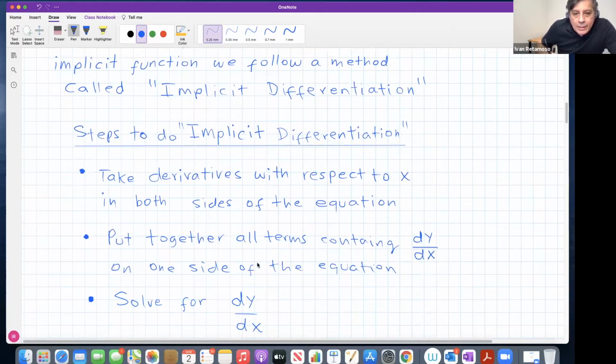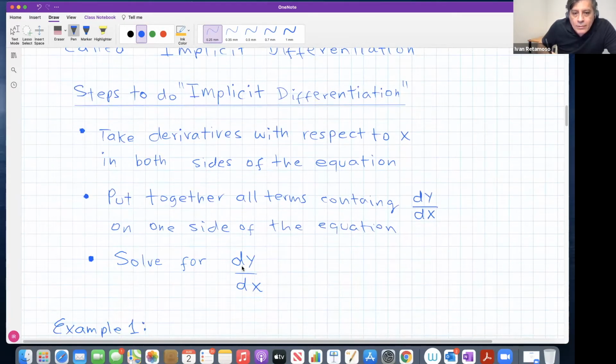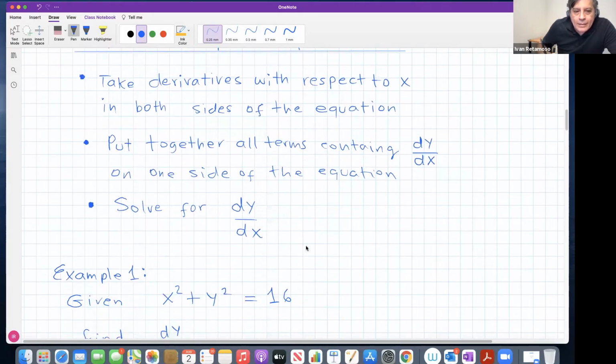Step 2, put together all terms containing dy/dx, which you are looking for, right? The derivative of y with respect to x. And step 3, three steps actually, solve for dy/dx, okay? Three steps.